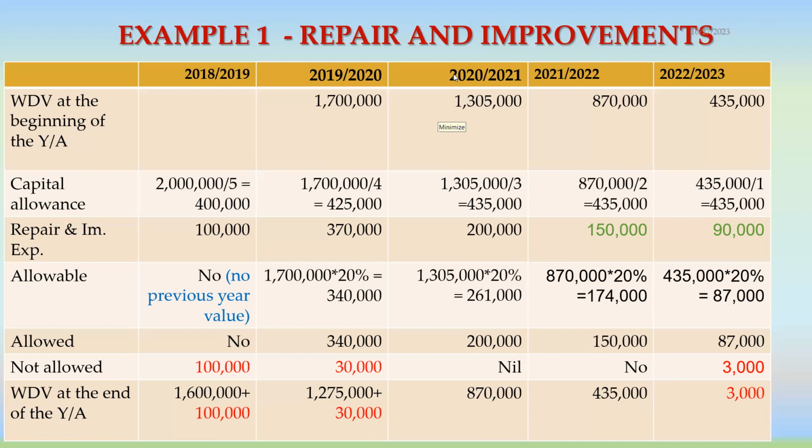If they sell the assets in 22, 23, what about capital allowance? Okay, we will discuss it later when we are doing section 16, because it is relevant for that. Selling depreciable assets is applicable for section 16.